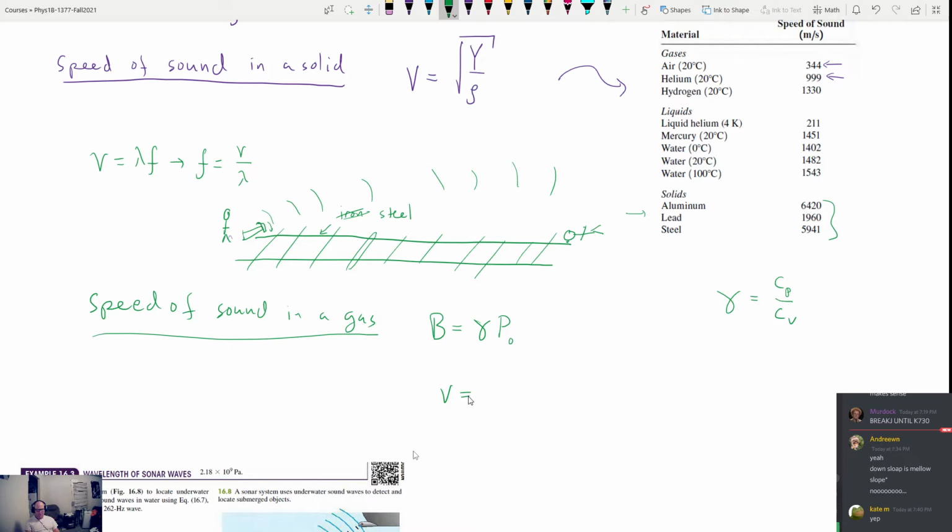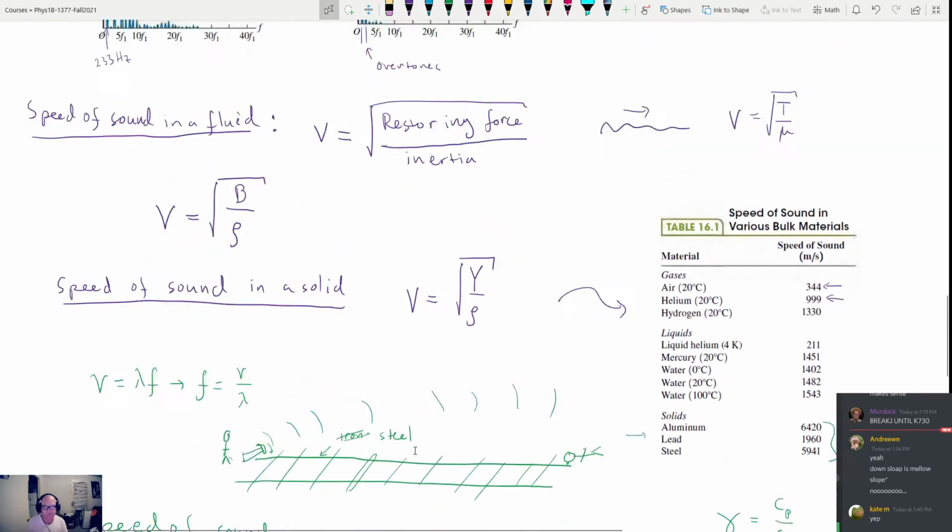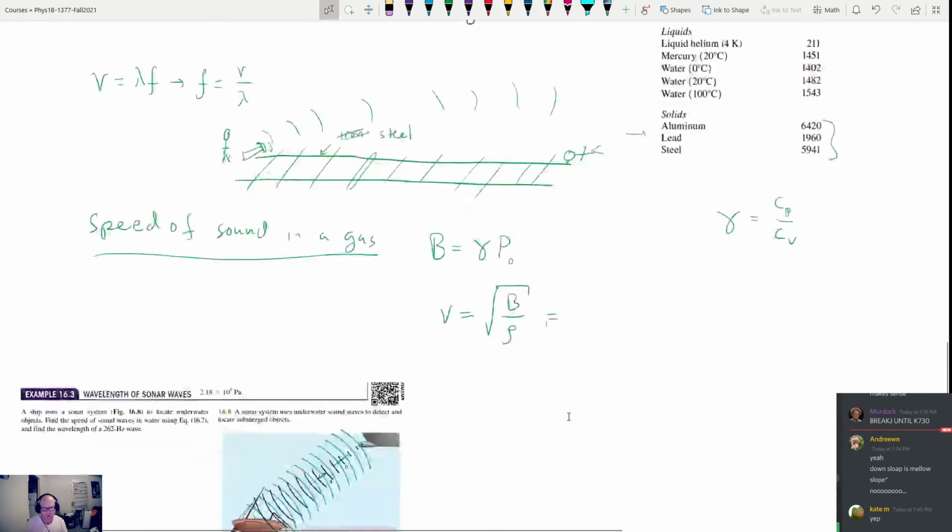I didn't try to derive this earlier, but maybe we know enough to actually derive it now. We said from above that the velocity in a fluid was the square root of B over rho, the bulk modulus divided by density. If we plug in, is there a way to derive this?